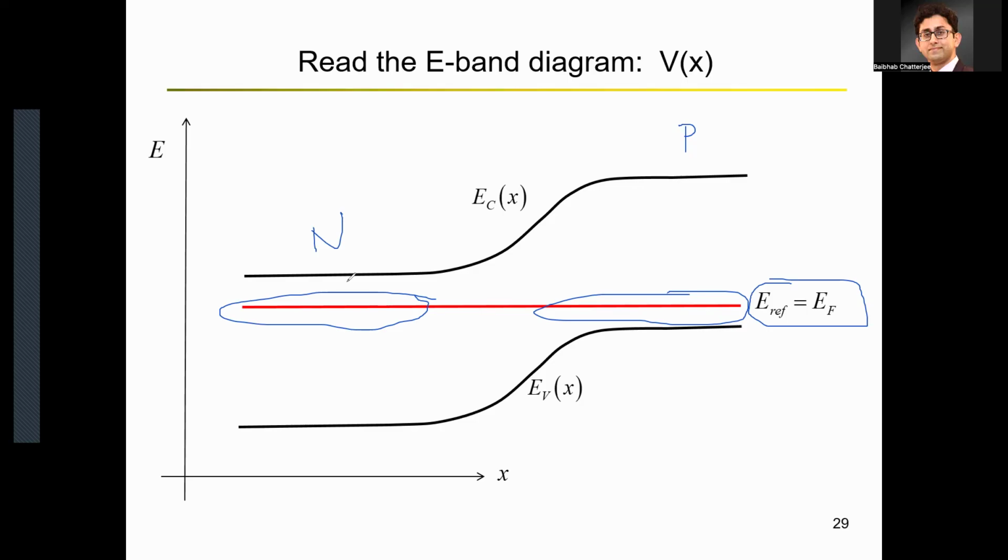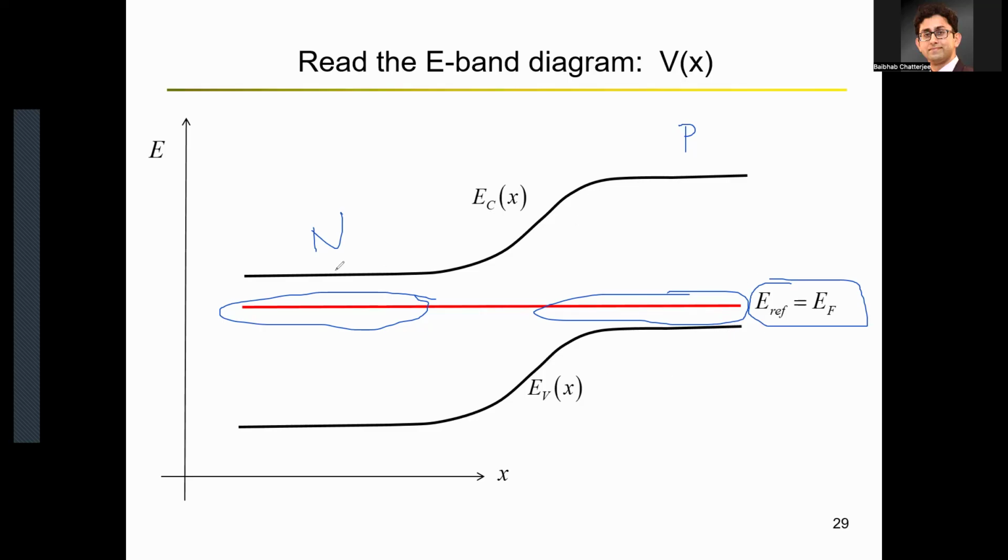That the majority charge carriers can do charge conduction or current conduction. So it's very easy to do charge conduction if your average energy is very close to the conduction band itself. On the other hand, on the right-hand side, the number of electrons is very small, and the average energy is closer to the valence band. It's not very easy for the electrons on the p side to carry current. So that's what this curve signifies.